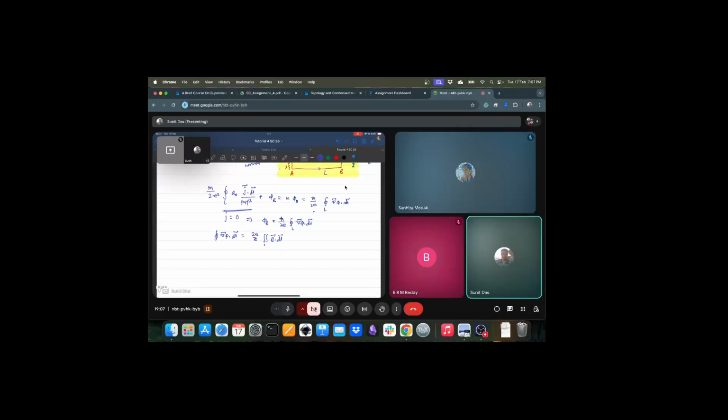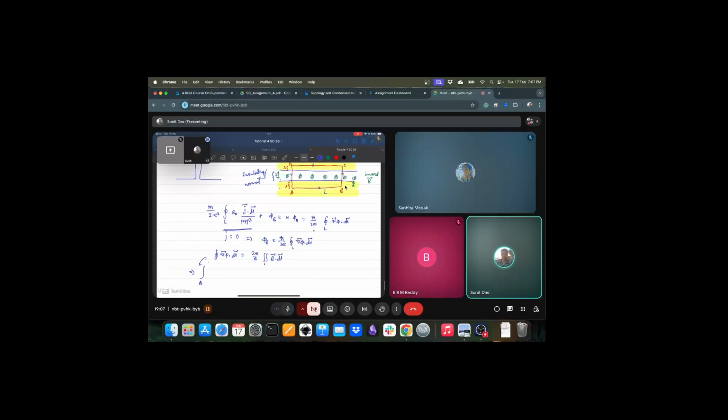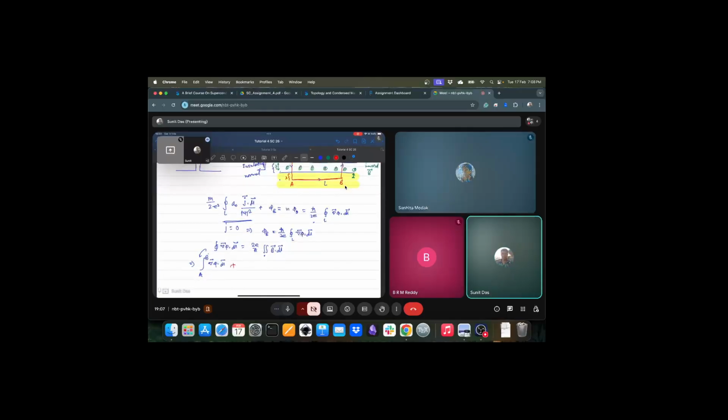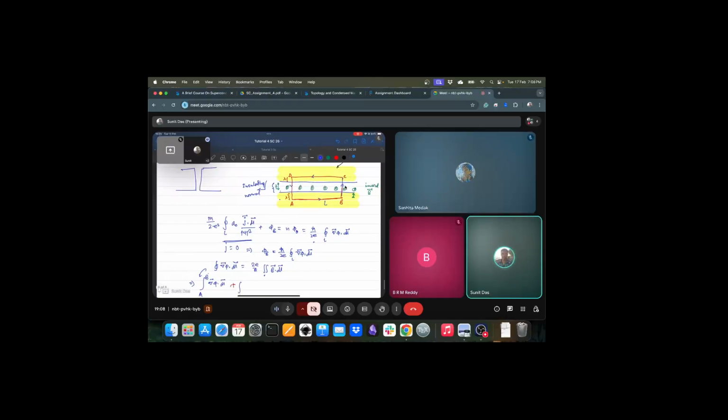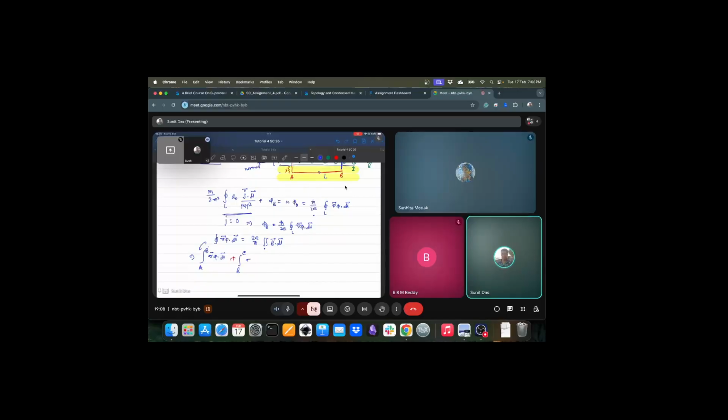We can dissect this loop integral as a to b grad phi dot dl, so this is the path a to b, and then plus b to c, this vertical path, b to c grad phi dot dl, plus c to d grad phi dot dl, plus d to a, equal to 2e by h bar, let's say phi. Phi is the flux, so this part.